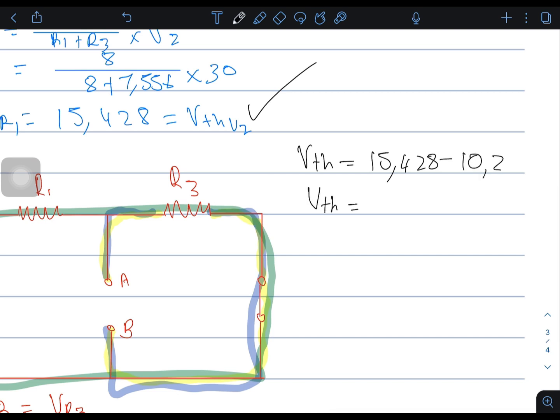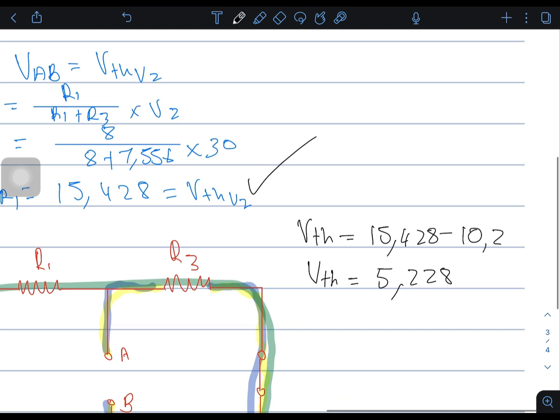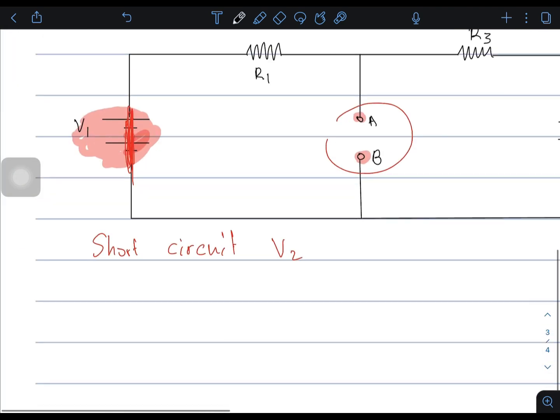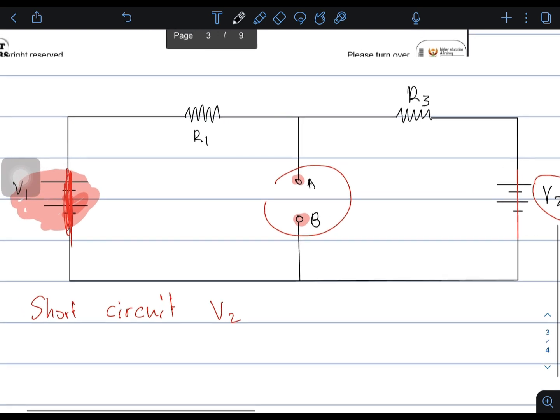Let's calculate. That is going to be 5,228. Now we have found the Thevenin voltage, guys.